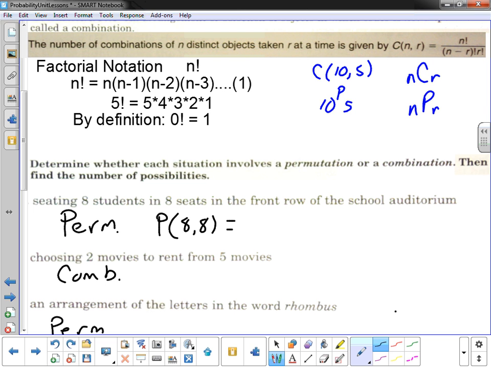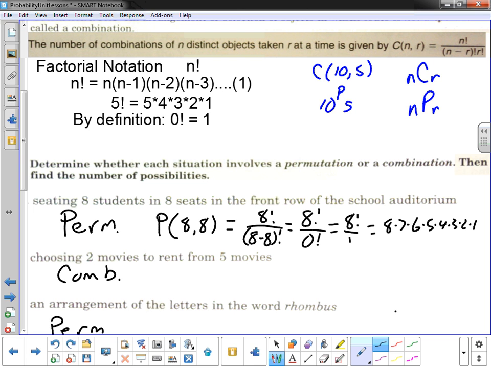If I was using the formula, that'd be 8 factorial over 8 minus 8 factorial, which would be 8 factorial over 0 factorial. And this is where that definition is very important, because 0 factorial is 1. So that's 8 factorial over 1, or just 8 factorial, which means 8 times 7 times 6 times 5 times 4 times 3 times 2 times 1.